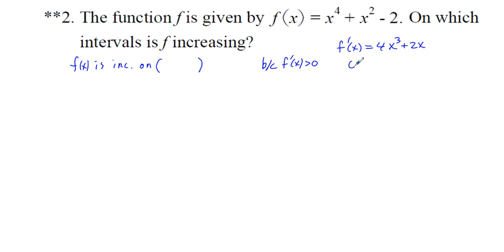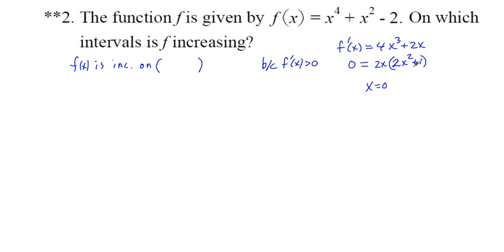And now setting this first derivative equals 0, we can factor out a 2x, and 2x times quantity, that's going to be 2x squared, right, plus 1. Is that right? So for this, we're going to get x is equal to 0.